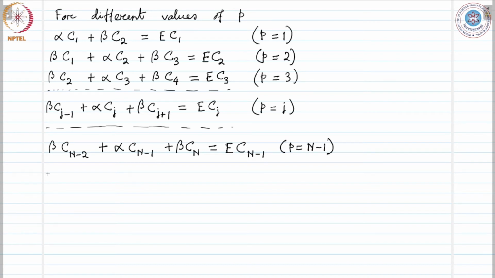And for P equals n, for the end atom, we will have beta Cn minus 1 plus alpha Cn equals E Cn. This is for P equals n.